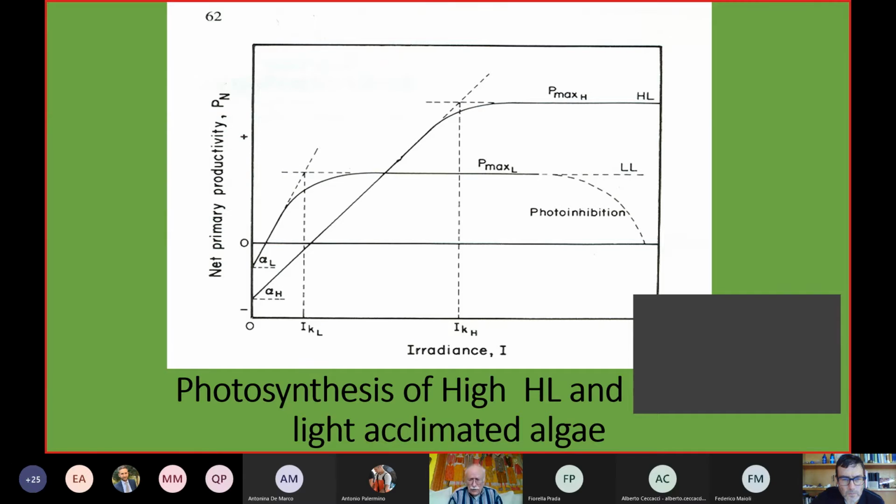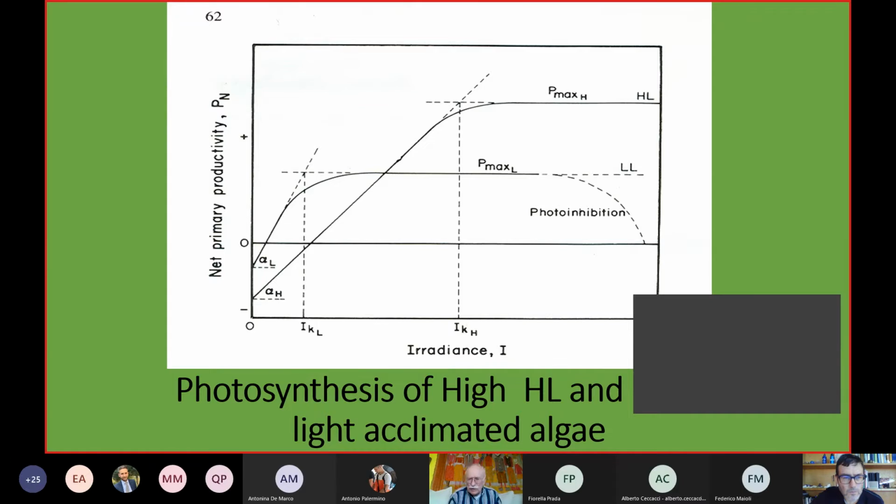And you see that the low light algae are saturated at a much lower light intensity, and the high light algae are saturated at a much higher light intensity, which means that when the line becomes horizontal, at that point, when you add light, you do not add any additional photosynthesis.